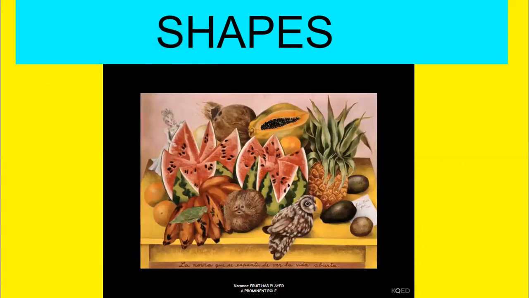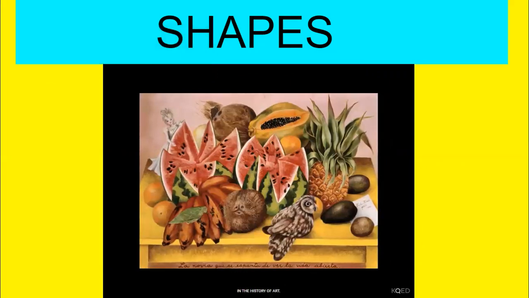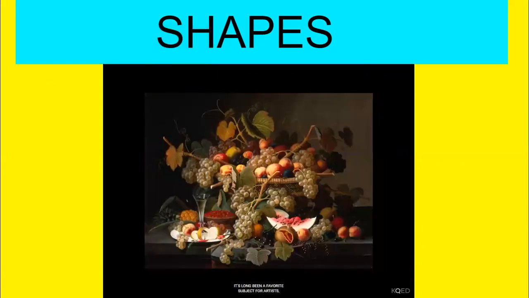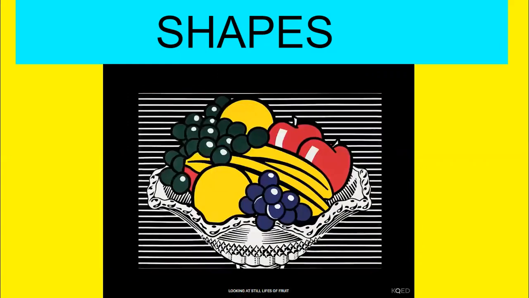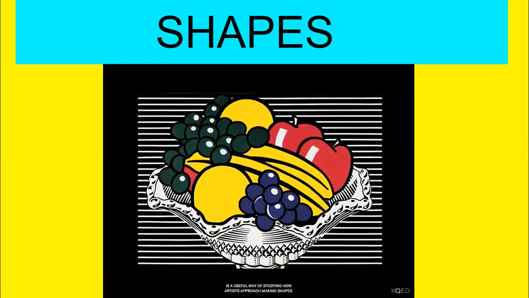Fruit has played a prominent role in the history of art. It's long been a favorite subject for artists, making still life paintings and drawings. Looking at still lifes of fruit is a useful way of studying how artists approach making shapes.